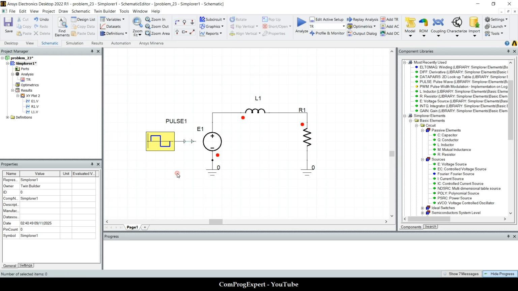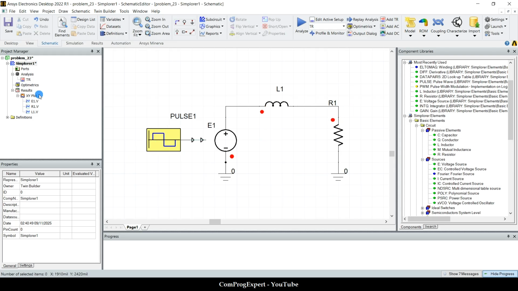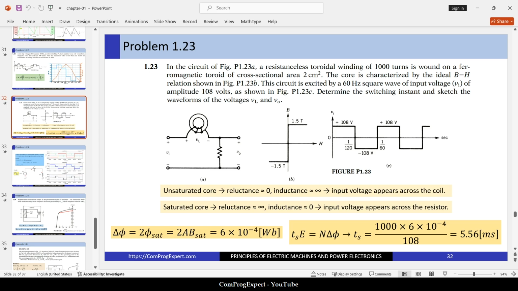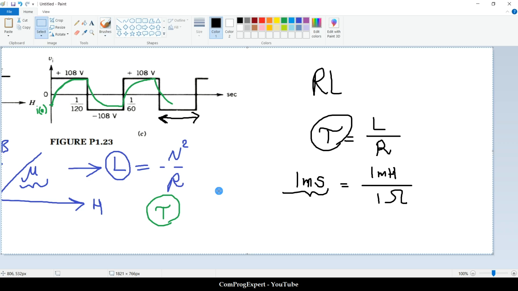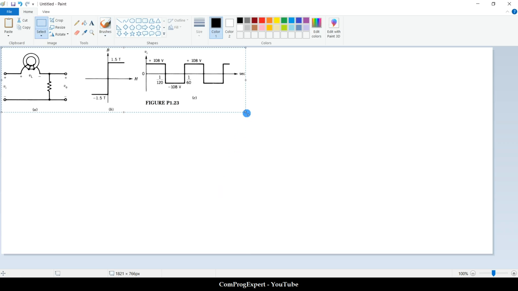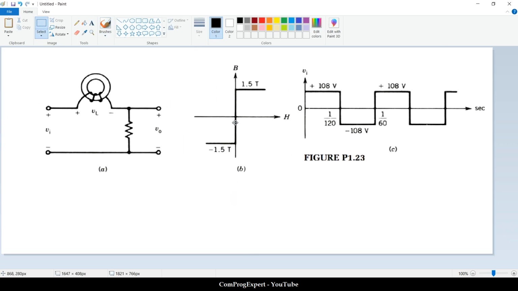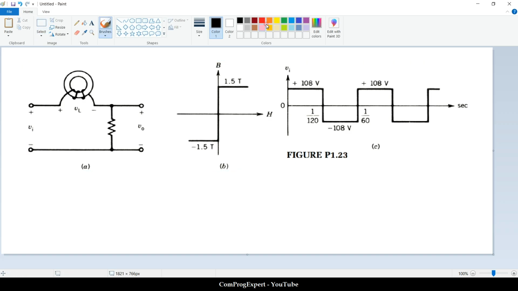So how can we calculate the voltage waveforms for this case? Let's calculate the voltage waveforms for this case and compare. In this case, what is the value of the inductance? Yes, we don't have a straight BH curve.